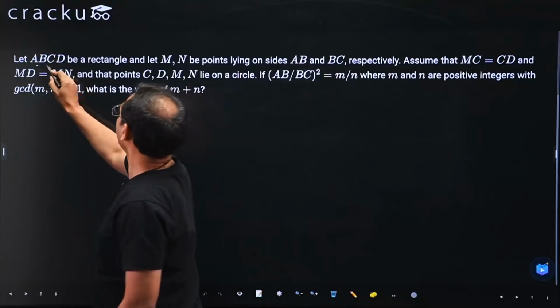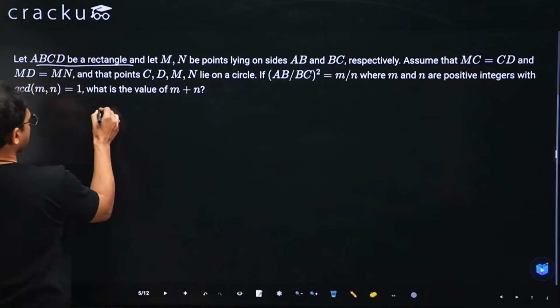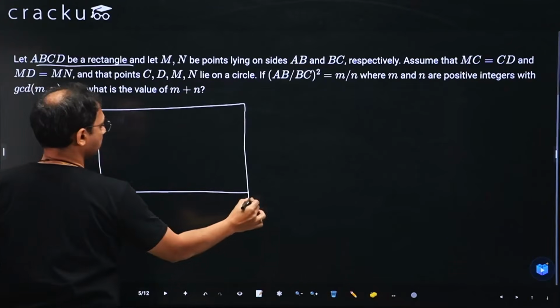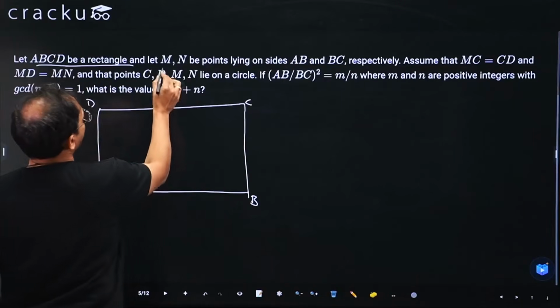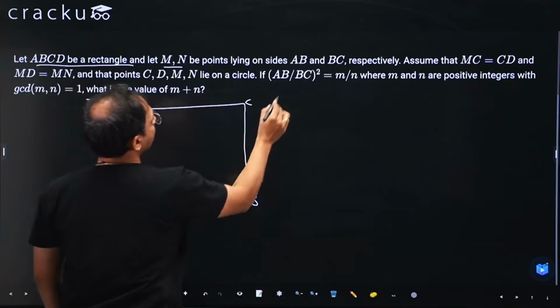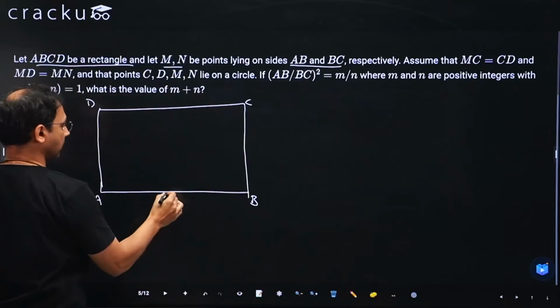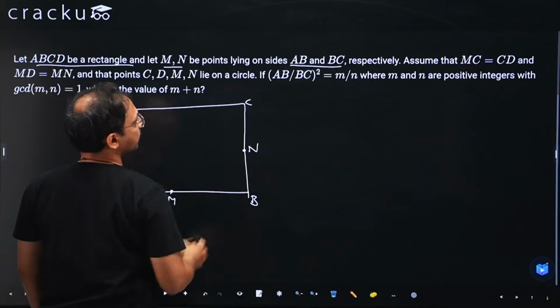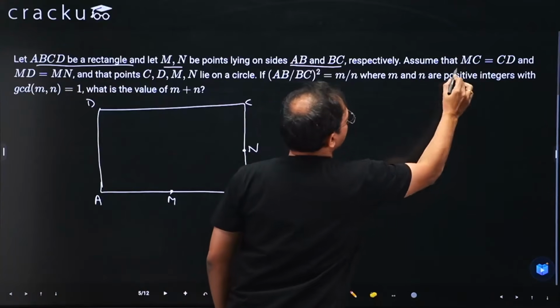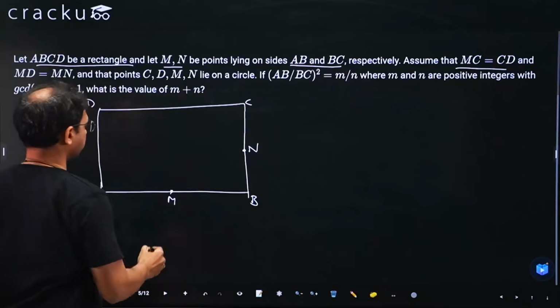Let ABCD be a rectangle. Let's call this ABCD. Let M and N be points lying on AB and BC respectively. Let us say this is M and this is N. Assume that MC is equal to CD.